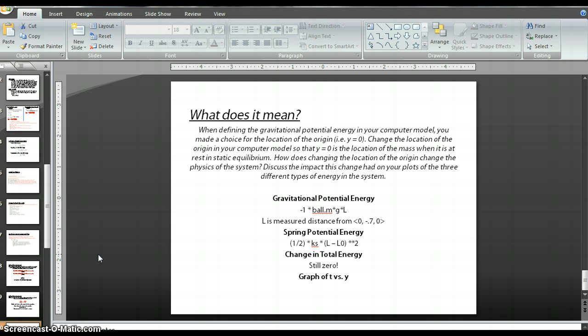And so now our stretch could possibly be positive, but our change in total energy is still going to be 0. I actually couldn't get my model to put out the proper graph, so I don't really have anything to show you guys. But other than that, the change in total energy is still 0, and we now have different L values, so our graphs don't really change much.